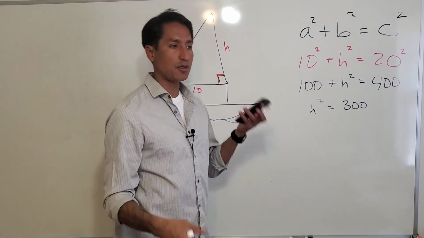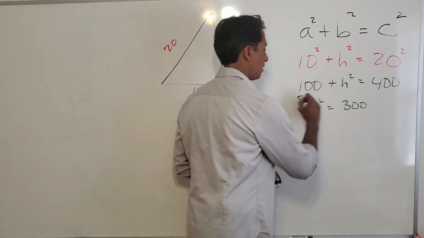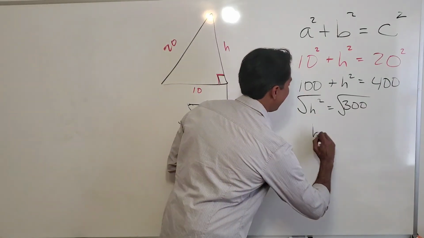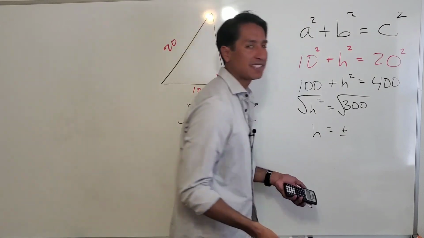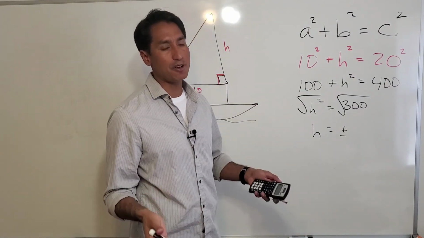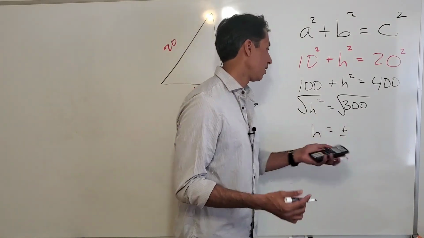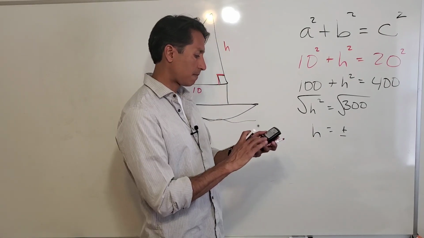Do the opposite of squaring something, which is square rooting it. And so we get h, and we're going to get another plus or minus. Again, if you want to skip the plus-minus step, this book is teaching it, which is why I'm doing it. But honestly, hopefully nobody's going to take off points for you not writing plus or minus and going on to write the plus answer.